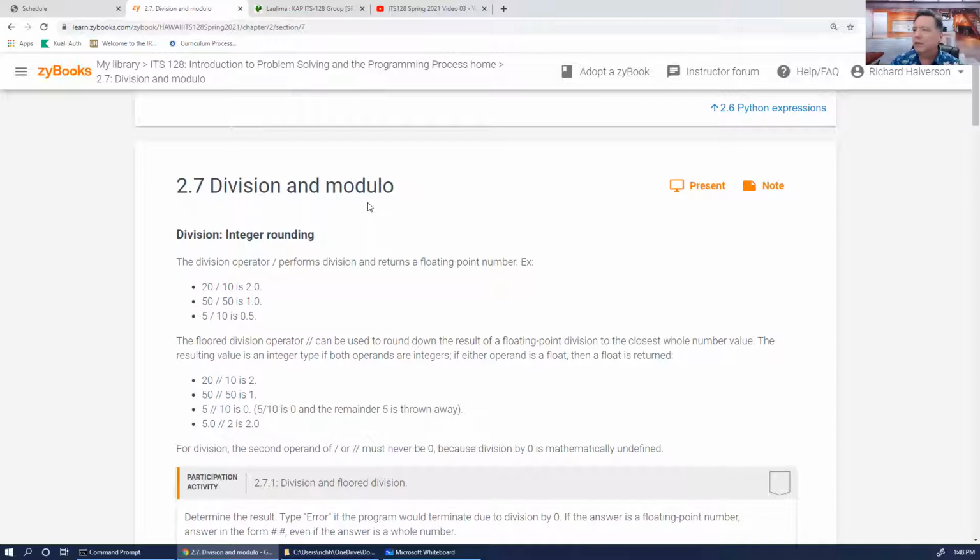And it also turns out that it's very, very handy, because we do a lot of different kinds of counting in programming, to be able to work with just the remainder.